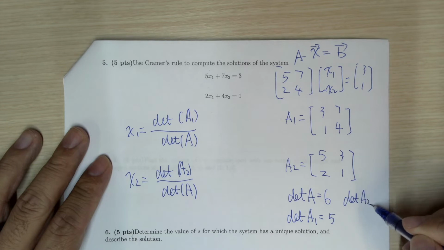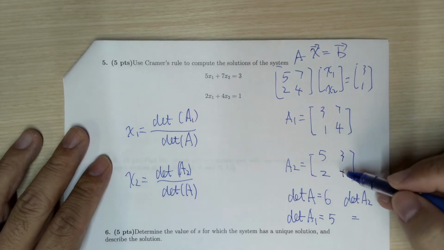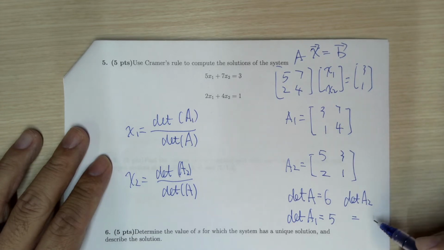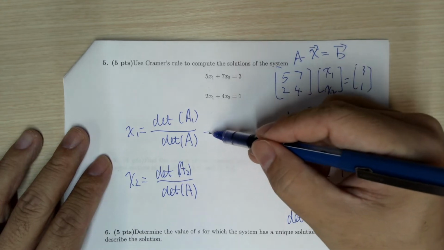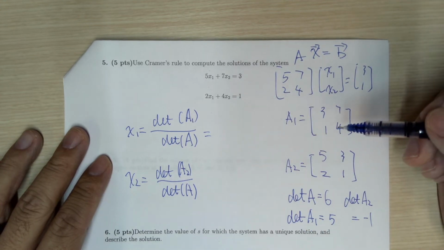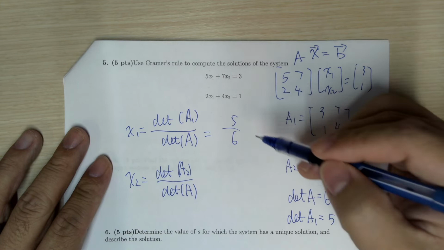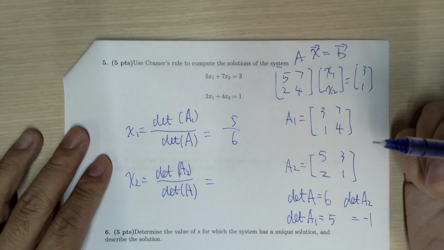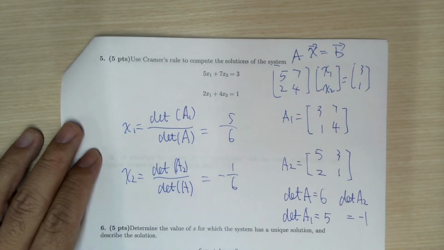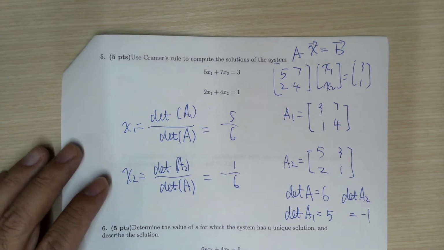The determinant of A2 is 5 minus 6, so it's negative 1. So easily you can derive that x1 equals 5 over 6, and x2 is negative 1 over 6. Okay, that's it. Simple.